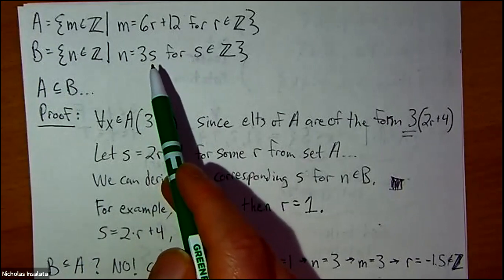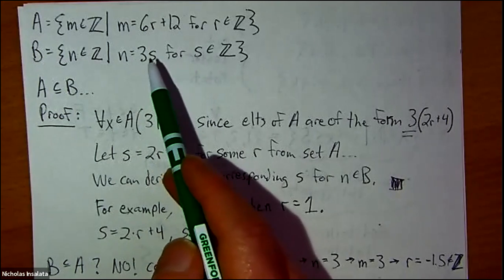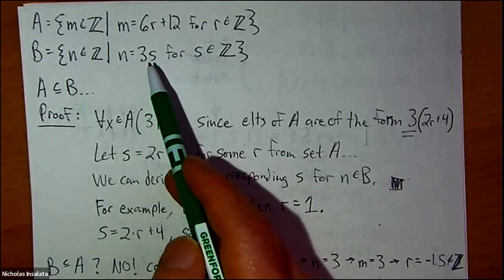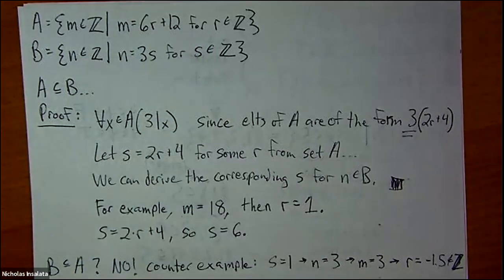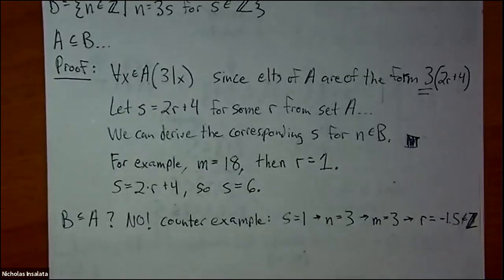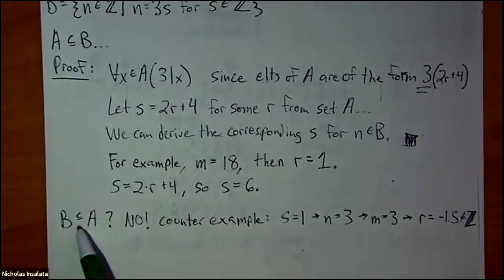But it doesn't work in reverse, right? Not all the elements divisible by 3 are contained in the set of elements divisible by 6. And you can see that here because of the non-integer multiplier value. Okay, so in conclusion, A is contained in B, but B is not contained in A.